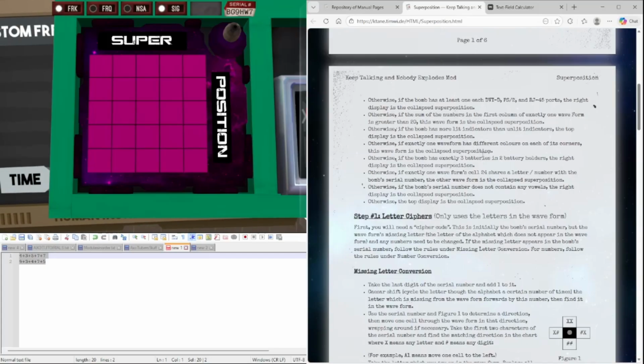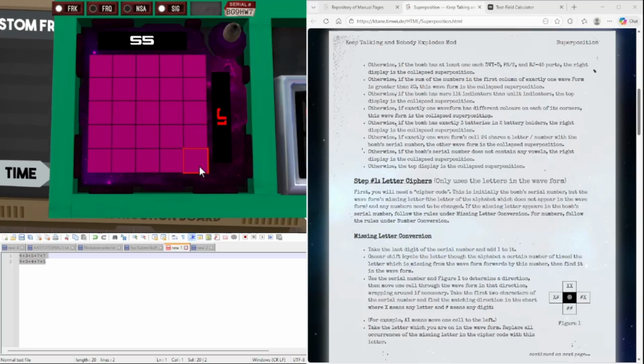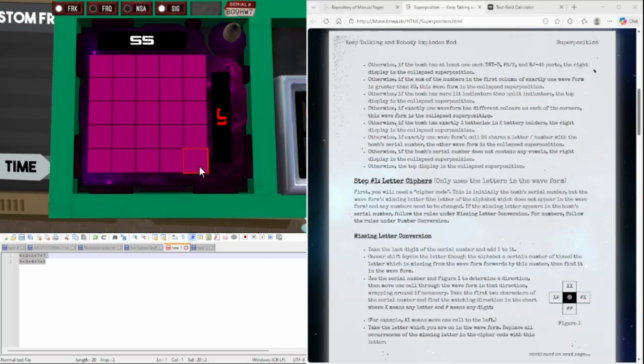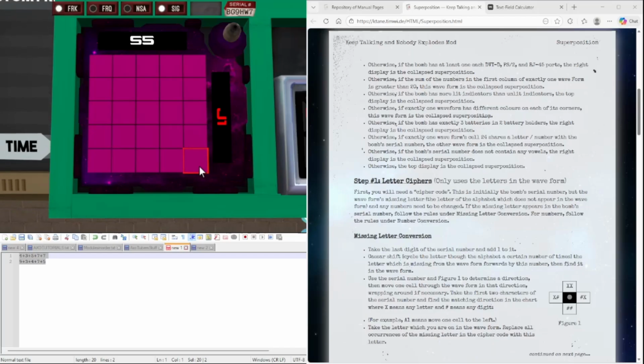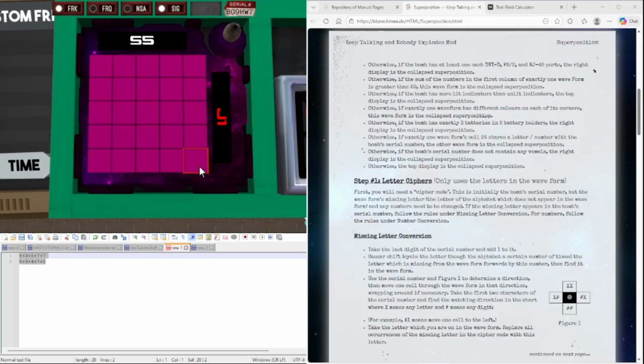Yeah. Exactly one waveform cell 24 shows a letter or number in the serial number. So S5, J1, no.